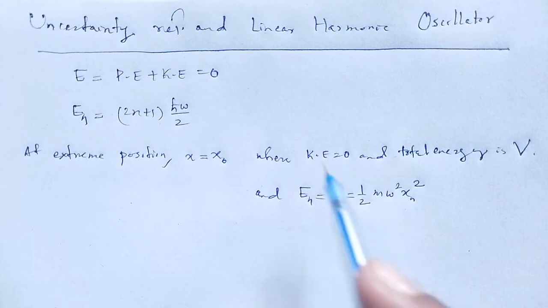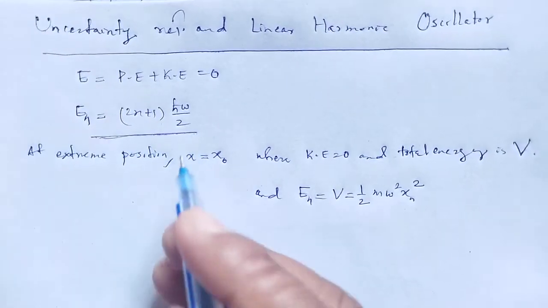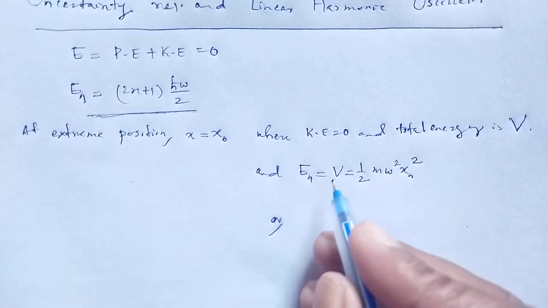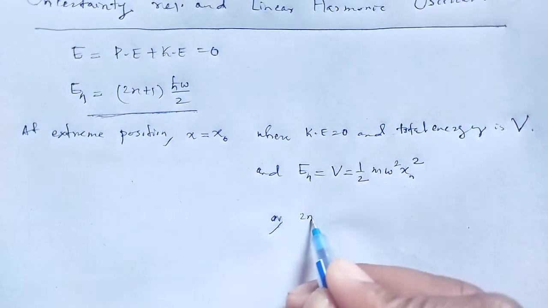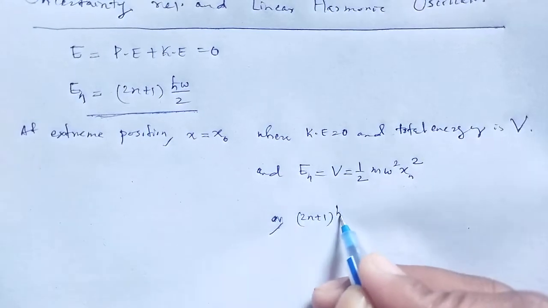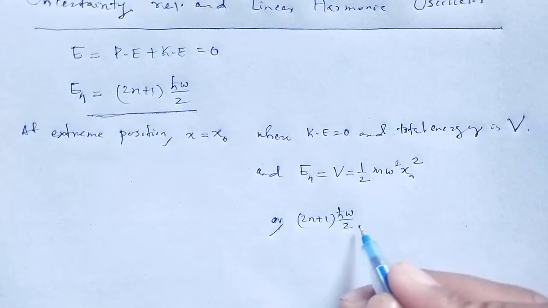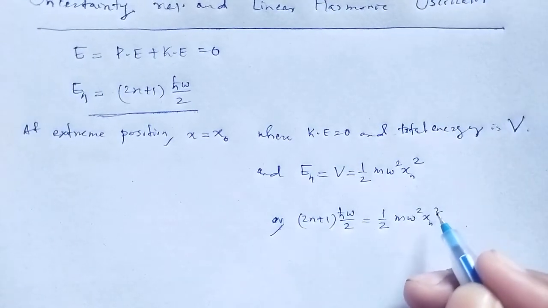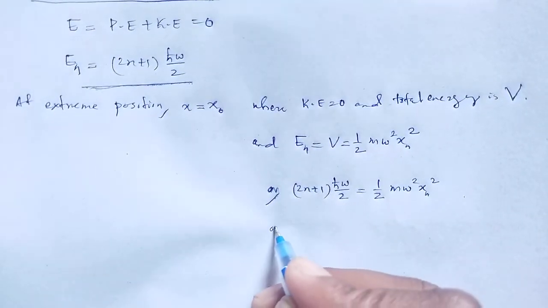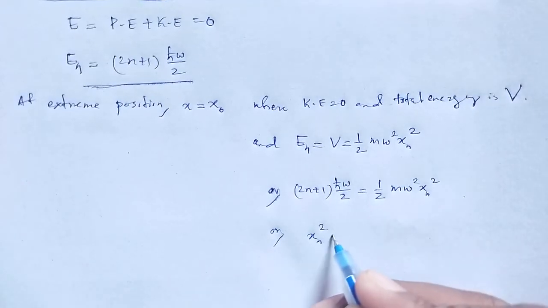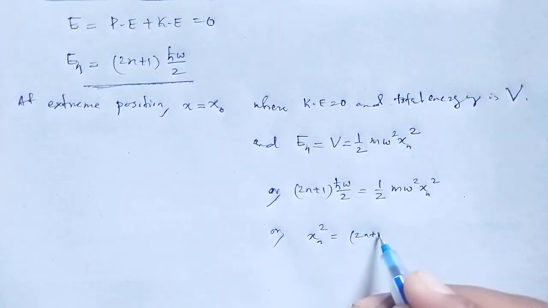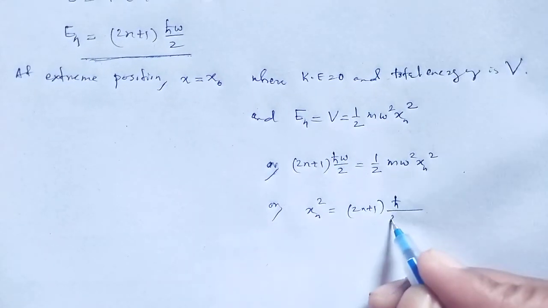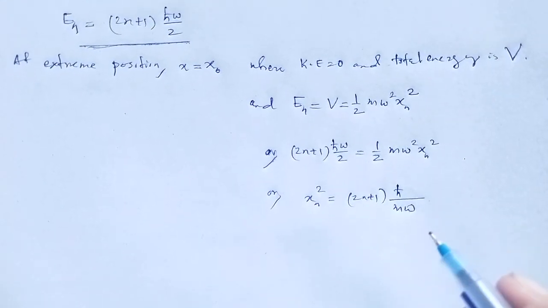Now substituting this in Eₙ, the value of Eₙ will be (2n+1)ħω/2 = ½ m ω² xₙ², or xₙ² = (2n+1)ħ/(mω).